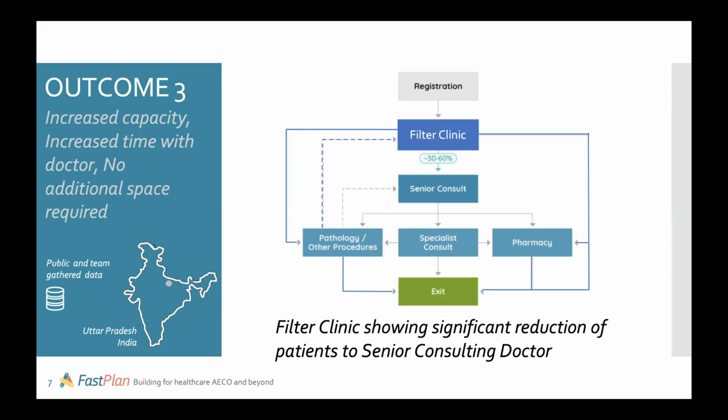And this allowed the clinics to not only see more patients, and it also allowed significantly more time for the patients to be with the doctor. So it provided much better care. And on this particular project, we used publicly available data as well as our team gathering data themselves.